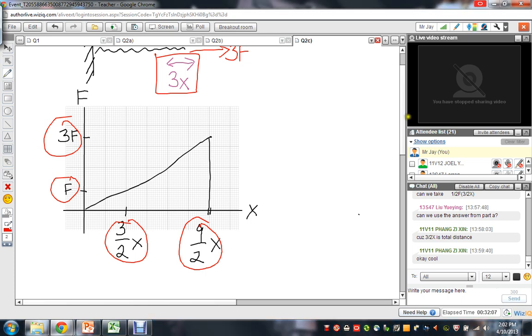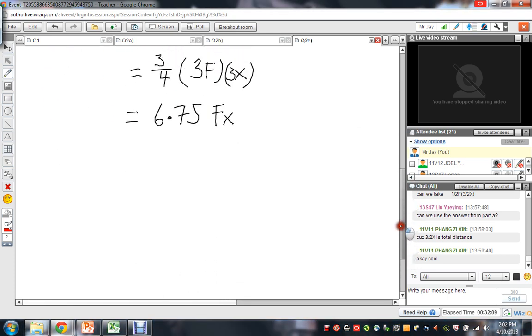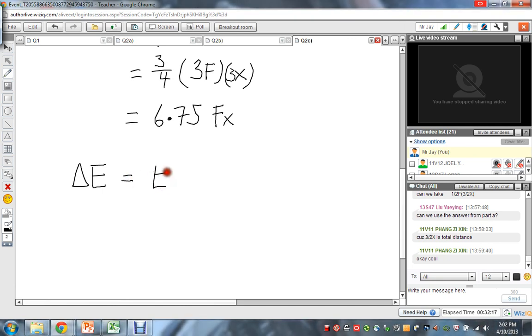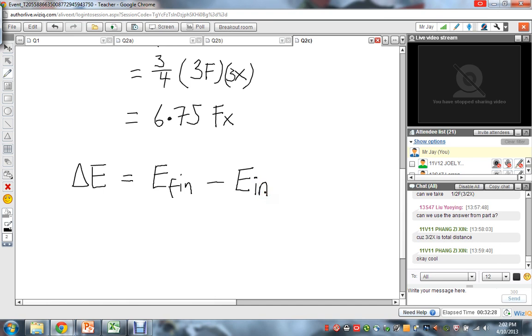Now the question wants the change in energy, so we have to give the change in energy, which is E final minus E initial. And E initial was the energy from part B, 3 over 4 Fx.